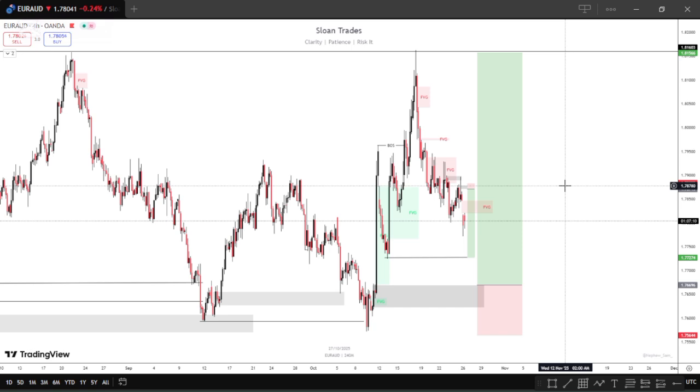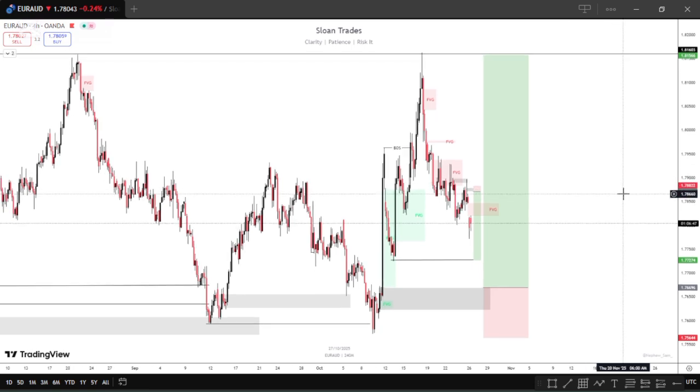You get weekends where there are no traders in the market, so when the market opens on Monday, it leaves that gap. That gap creates a fair value gap or a liquidity zone, where the market will come back to fill it and continue. All right, so this is the next pair, Euro AUD.